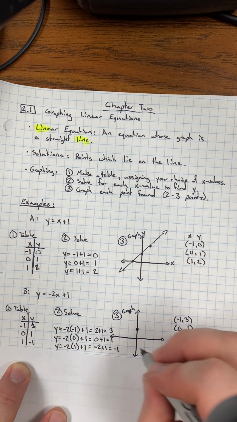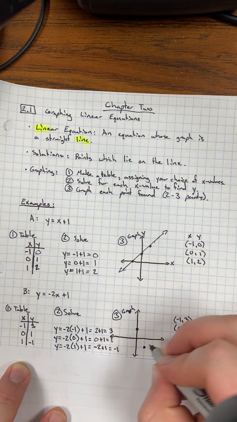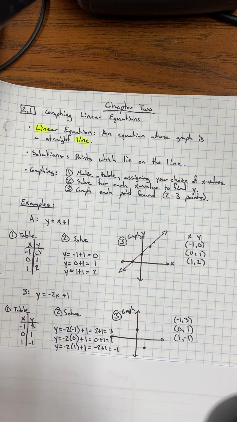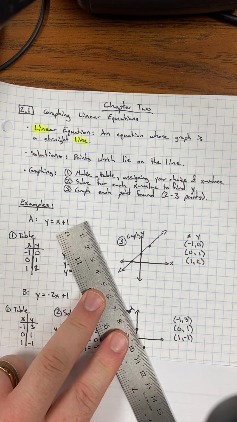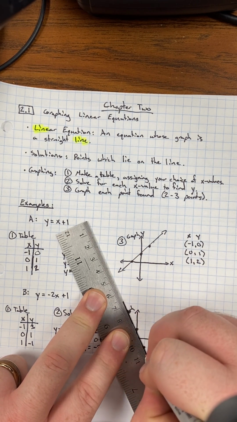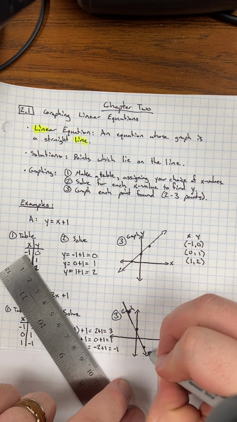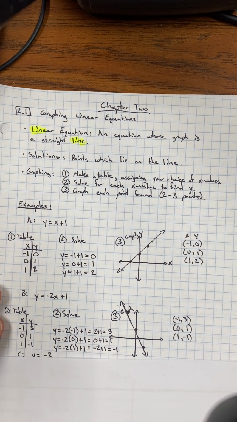And then 1, -1. Okay? And notice that when you connect them, you should be getting a straight line. And it looks like we do. Okay? That one's done. Let's move on to another example.